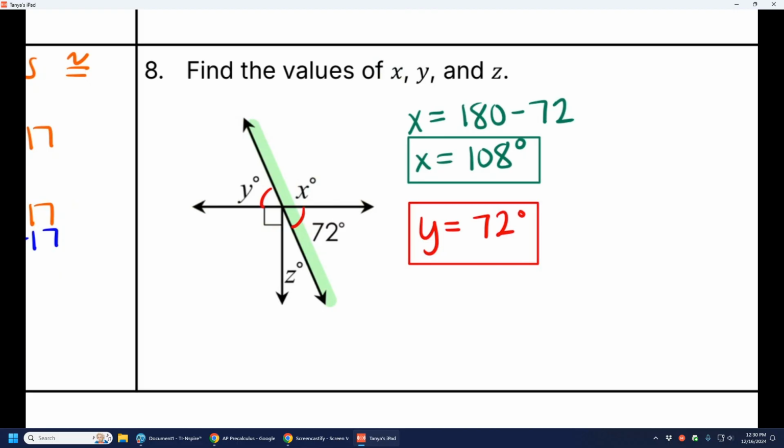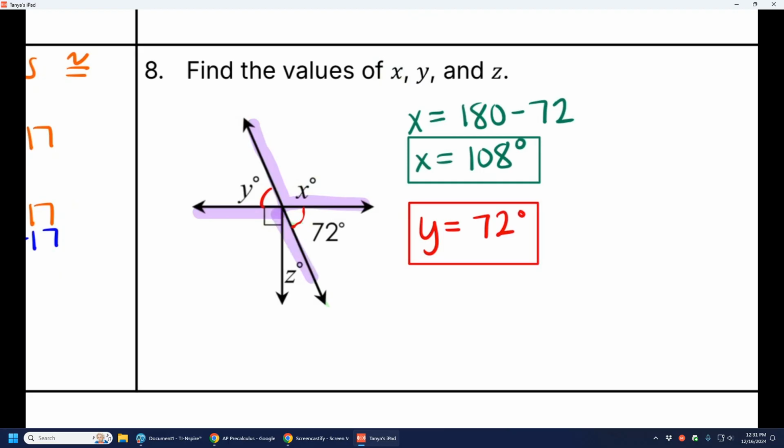Okay, and then last we have z. Okay, so this one is going to be a little tricky. I'm going to erase my green line. So we still have vertical angles. Angle x is vertical with this whole section right here.